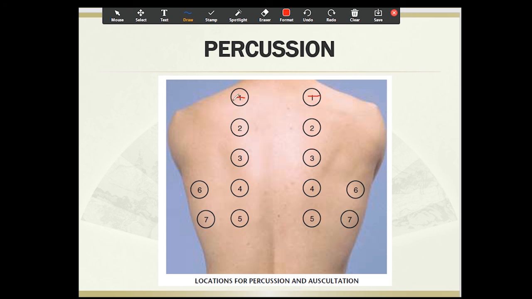We still start from the top of the chest, upper back area, then the second location here, then the third and fourth locations. Once we finish the first line, we go to the side of the chest, locations 6 and 7. So basically, what kind of sounds can we hear? We hear the sounds coming from the lung.